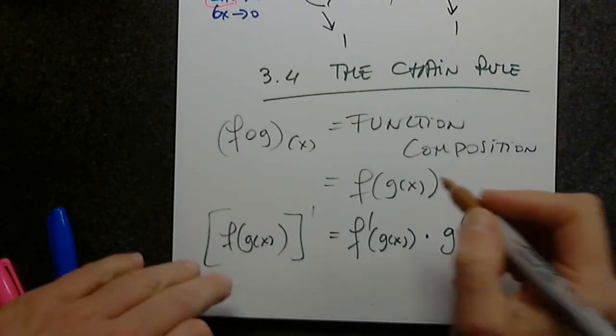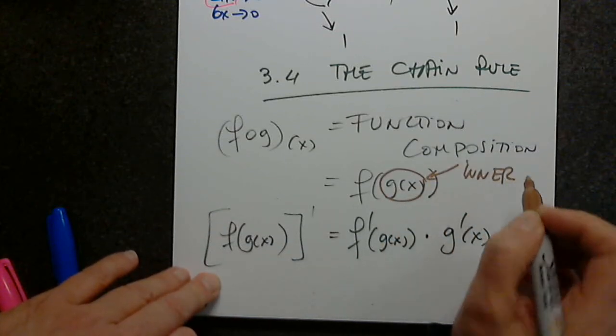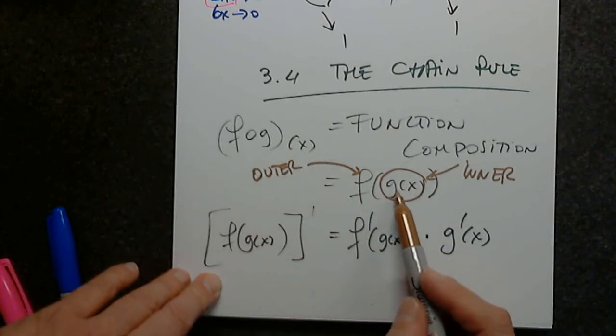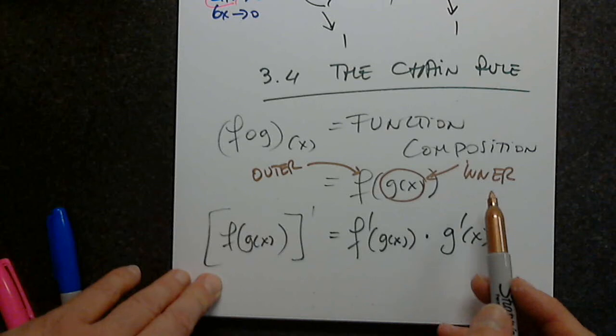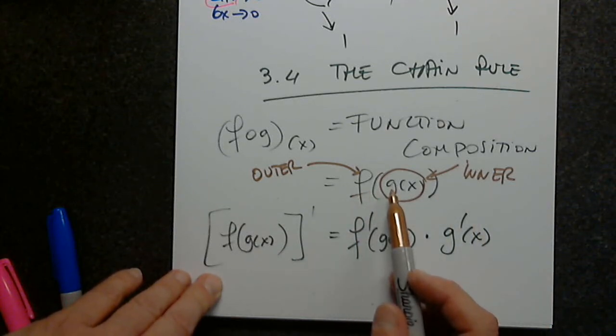So let me say again, this is the inner function. This is the outer. This is the first function that is applied to x. That's why it's called the inner. And this is the second function, the outer function applied to g of x.